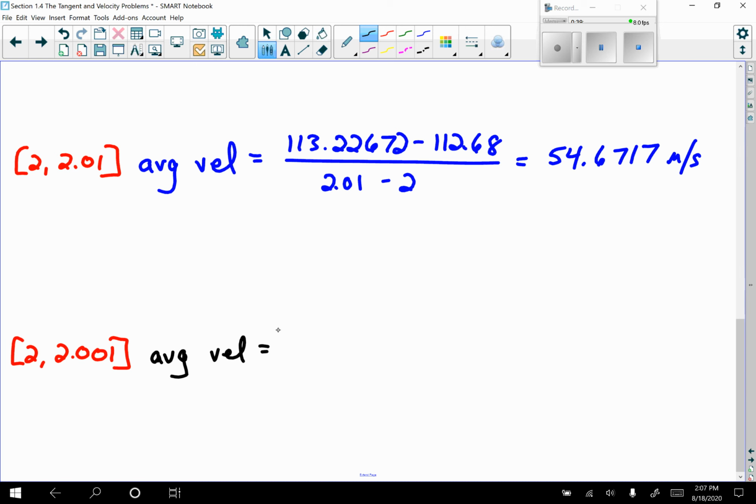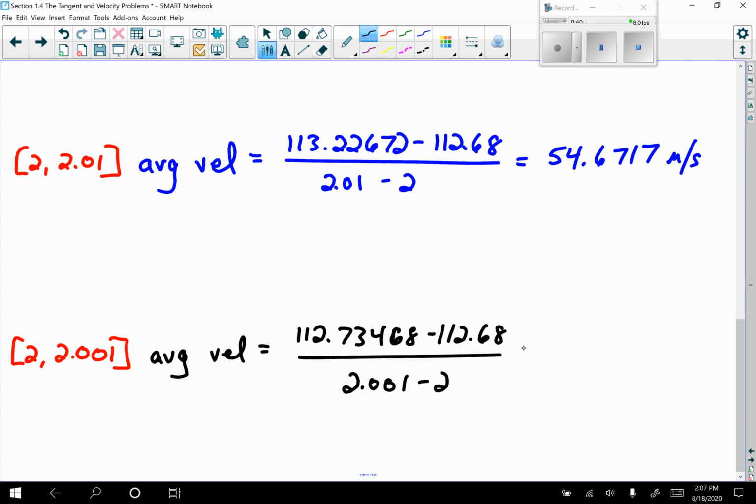So we're getting a 112.73468 minus 112.68 over 2.001 minus 2. Pause the video as you calculate this. And it's not much higher than the last average velocity that we were getting, a 54.679 meters per second. So it's safe to say that we can leave it at that 54.67.